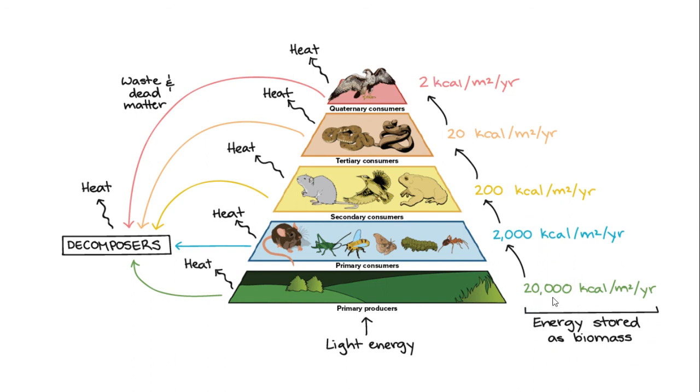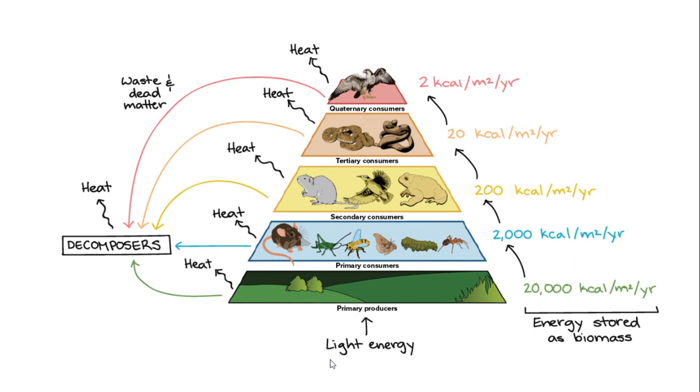So this 20,000 is not necessarily going to be what you are given, but I will give you the producer one, and you are then going to have to know how to work your way all the way up and tell me how much energy is stored as each. Okay. Please remember to write that there is heat coming off of each level, and that all of these can, when they die, go to decomposers as well, who can basically restart this.